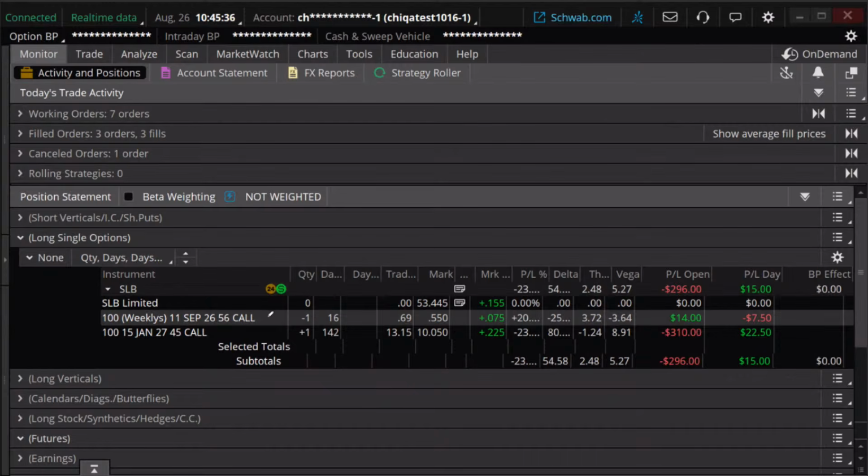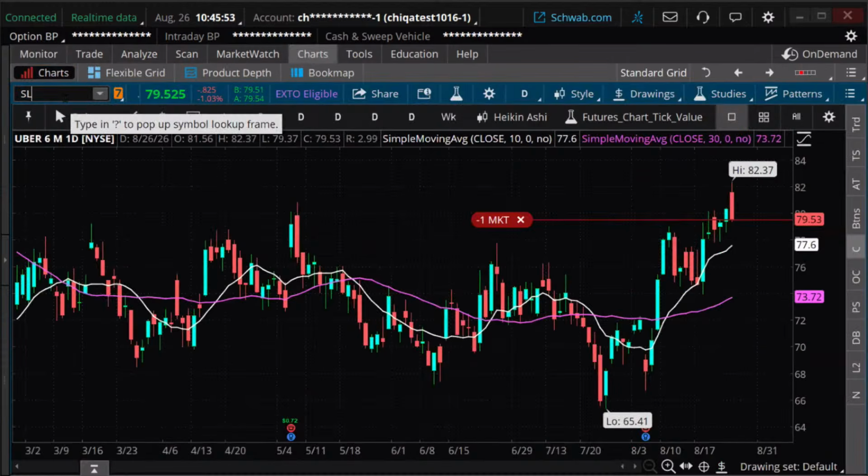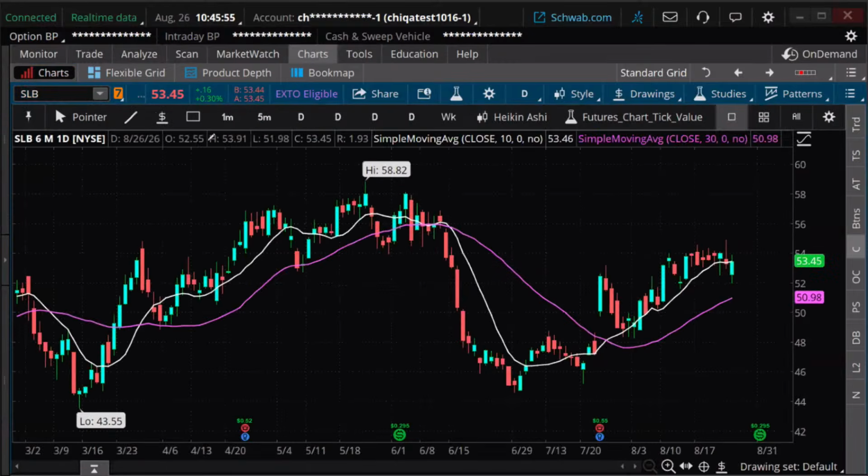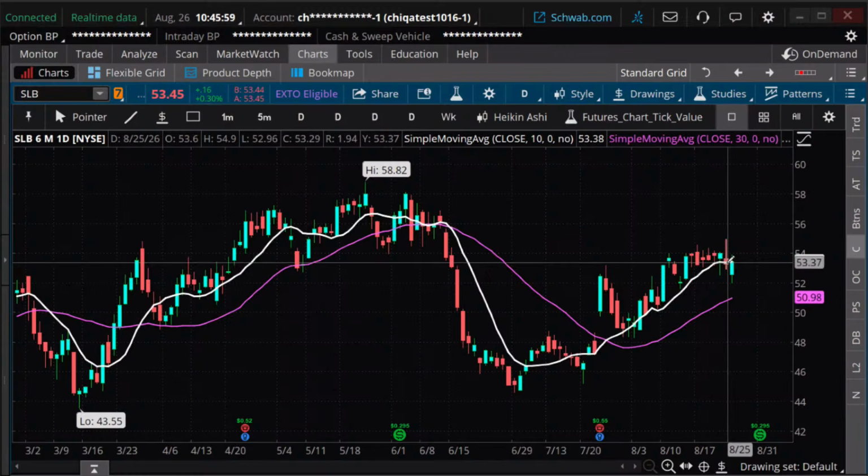We're going to still try to roll this periodically and try and recapture this. And hopefully the stock continues to go up. It's still a positive delta trade. So we need Schlumberger to go up. As long as we're bullish on this, we're going to let this work. That may change. We'll see.